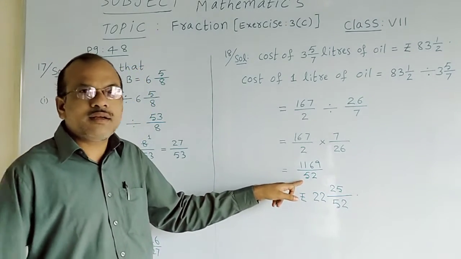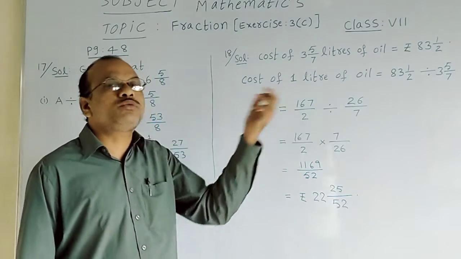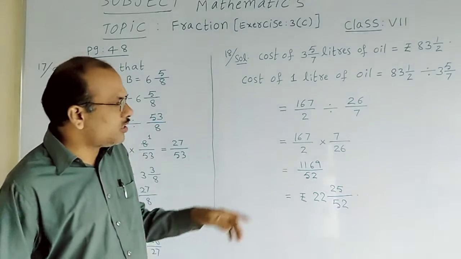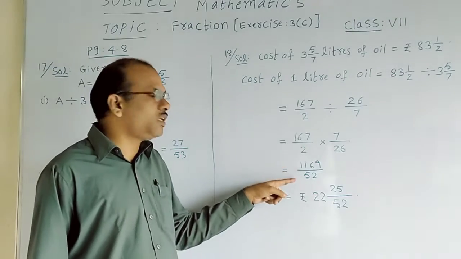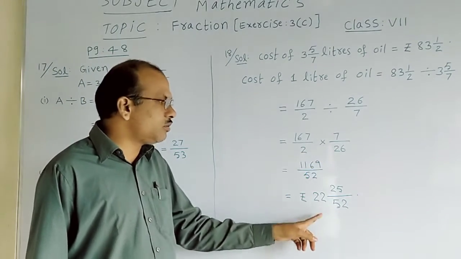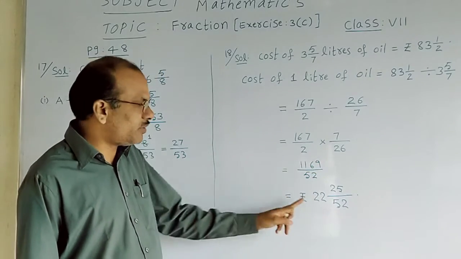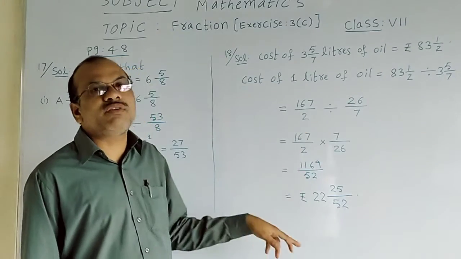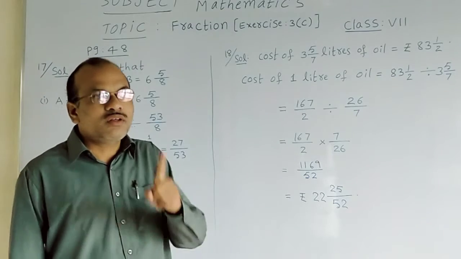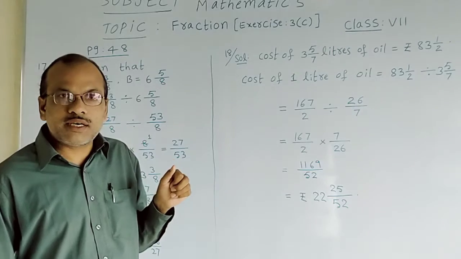As we said earlier, if the numerator is bigger than the denominator, we have to divide the numerator with the denominator. So the numerator we have to divide with 52 in the rough. Then we will get an answer, 22 25 by 52 rupees. This final answer will be the cost of 1 liter of oil, which is already written in the heading. Is it clear, students?